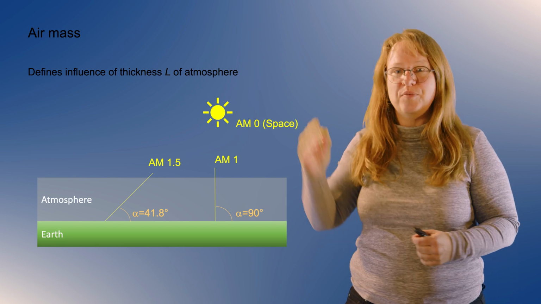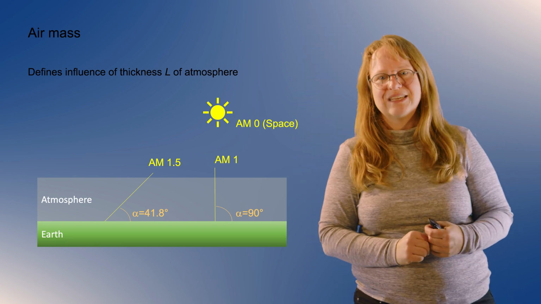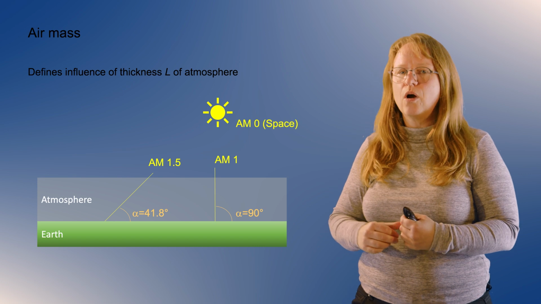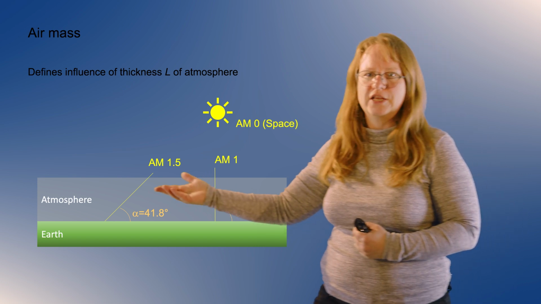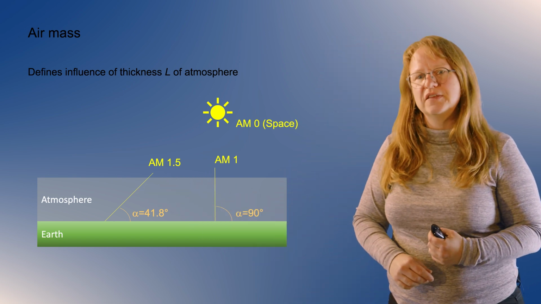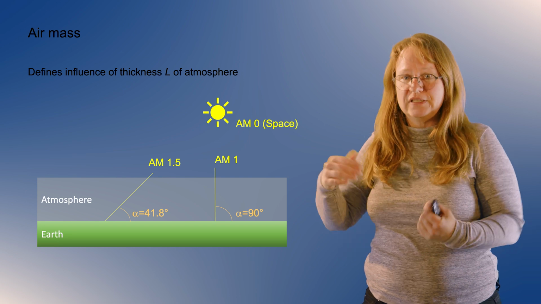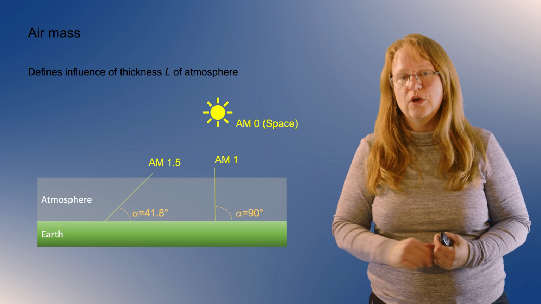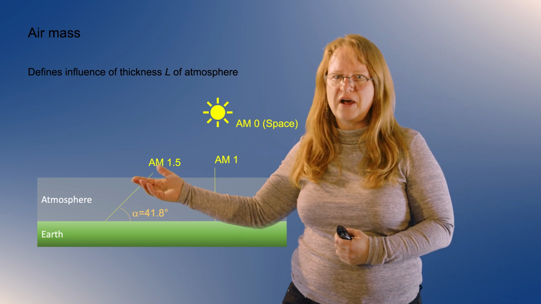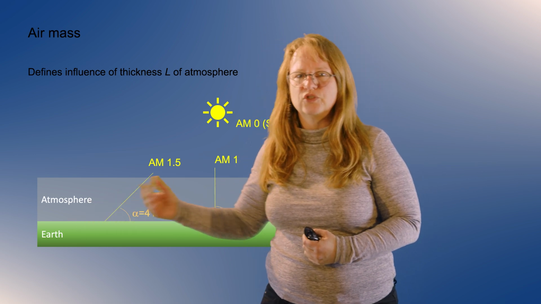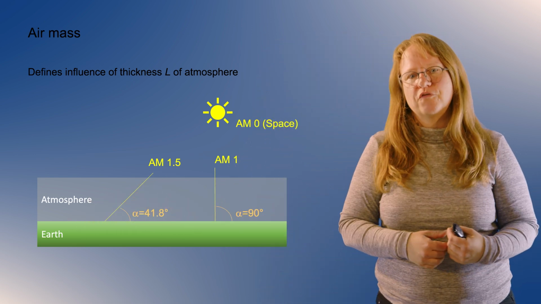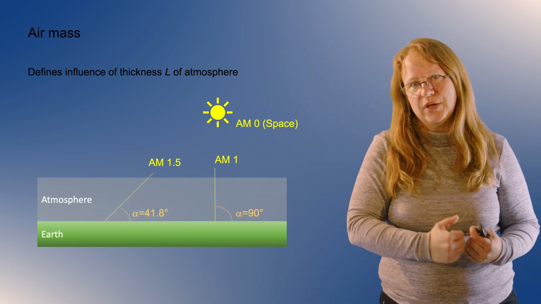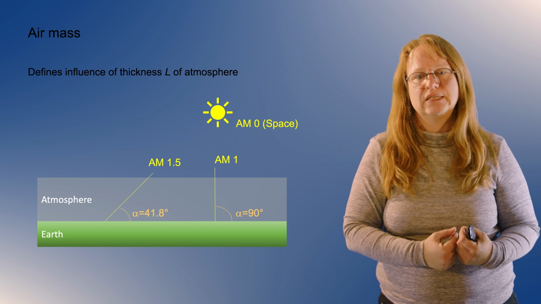The sun will never be at 90 degrees. So we will always have a longer path through the atmosphere, as shown here, if the sun is shining down on Kiel here. So we definitely always have a longer path, and this is seen also in this radiation here for the sun rays coming to Kiel city here.